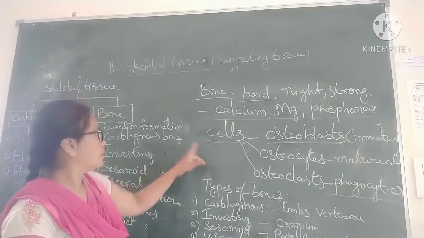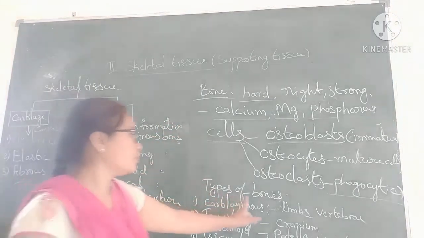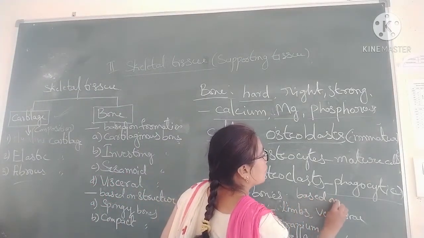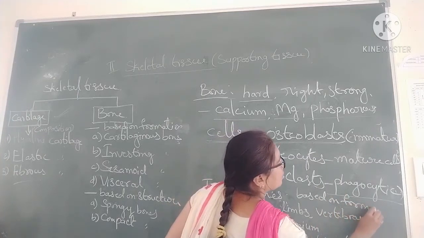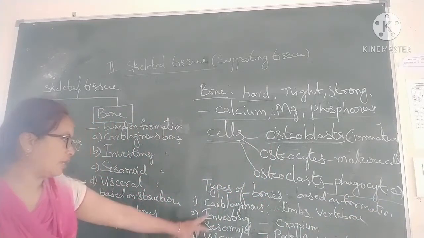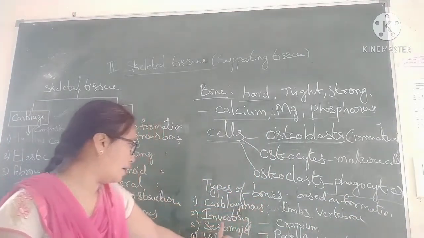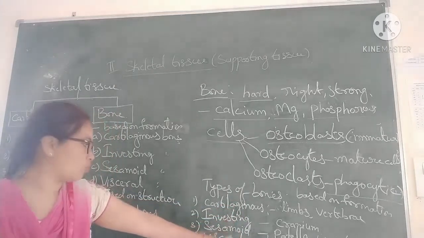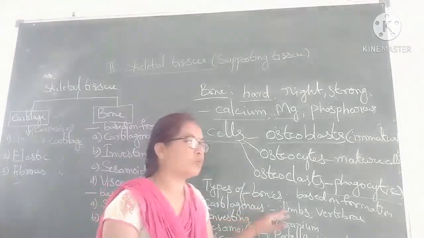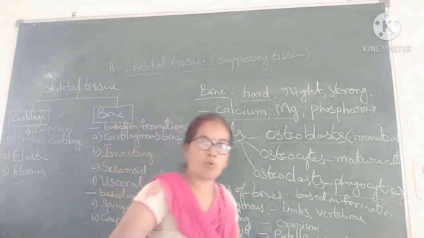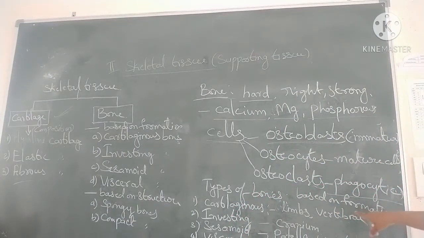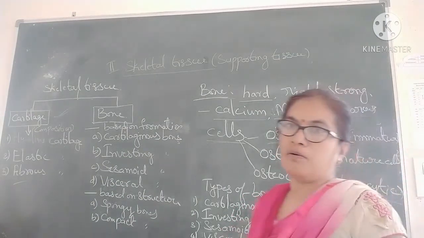Based on their formation, bones are of four types: cartilaginous bones, investing bones, sesamoid bones and visceral bones. Cartilaginous bones are seen in the bones of limbs and also in the vertebrae.